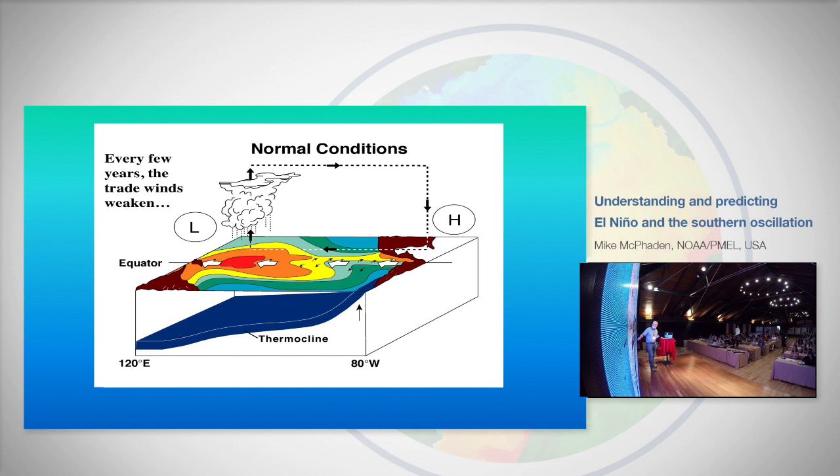It reinitiates upwelling in this cold tongue region. The trade winds strengthen, and the system goes into either neutral phase or overshoots into a La Nina phase. So those are some basic principles about how the system works.